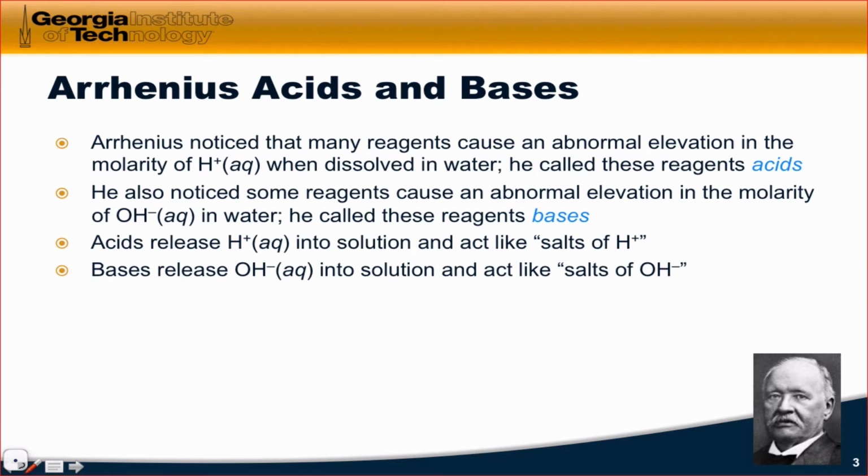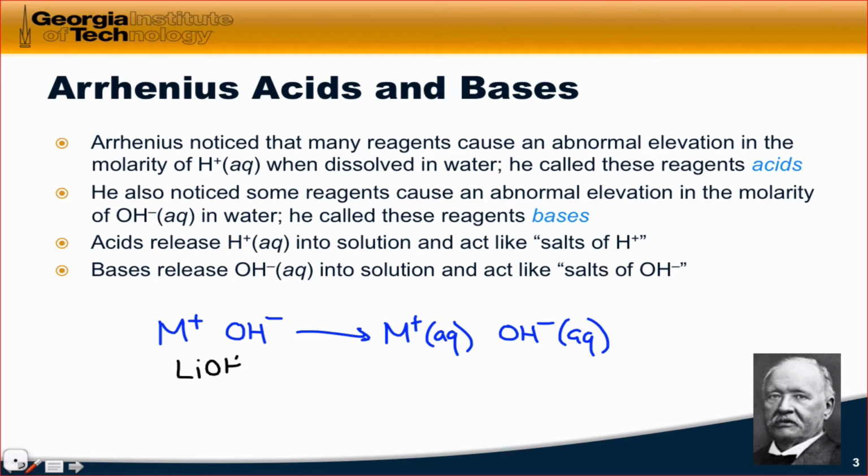Similarly, bases seem to act like salts of OH-, M+, some metal cation with OH-, such that when they're dissolved in water, they separate into aqueous M+ and the hydroxide anion. And in fact, the most famous Arrhenius bases are the salts of hydroxide, things like lithium hydroxide, sodium hydroxide, and magnesium hydroxide.